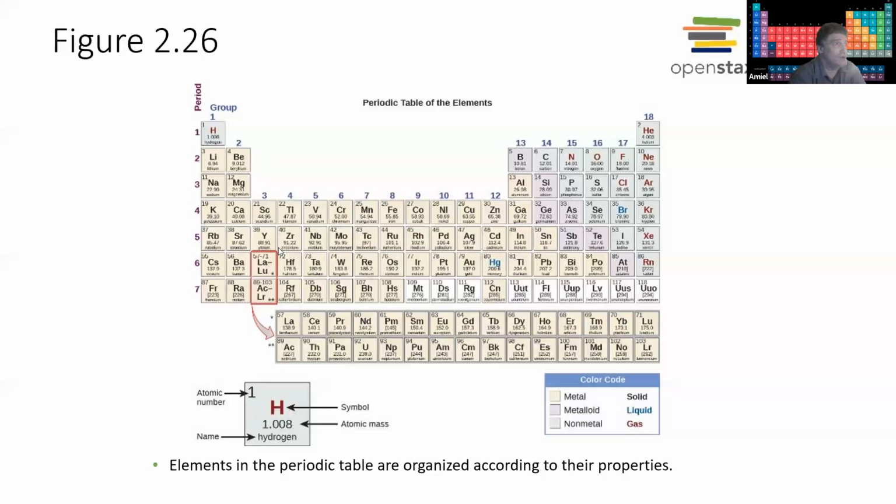So those are represented as two separate rows. Even though they're part of period 6 and 7, they're long, and so to make a convenient representation of the periodic table, you see that they're given their own separate rows here on the bottom.